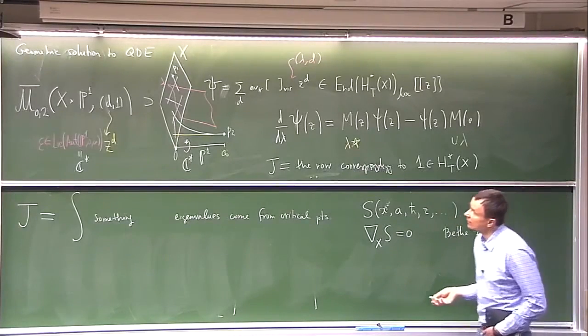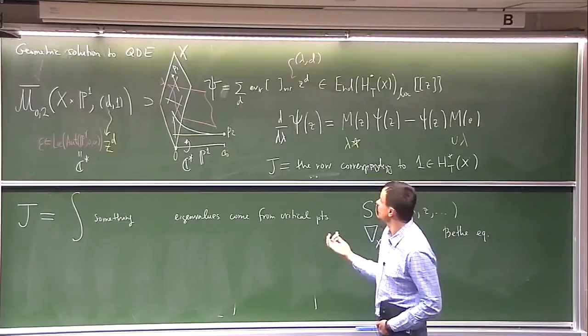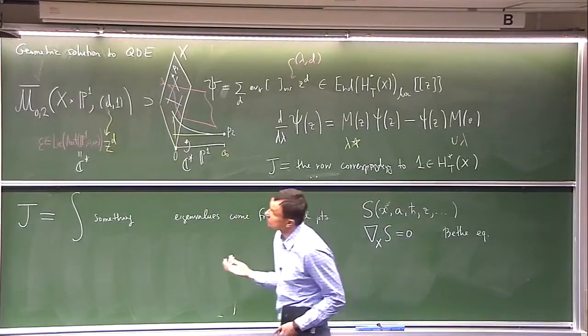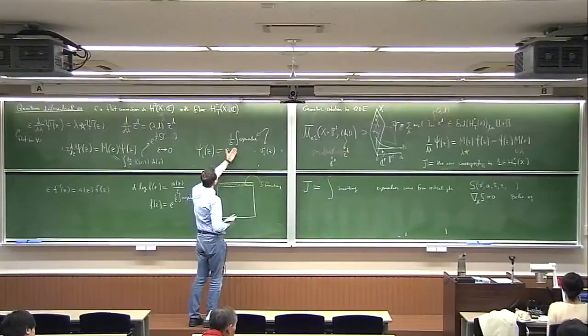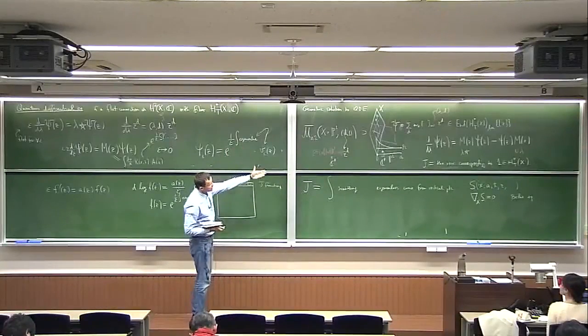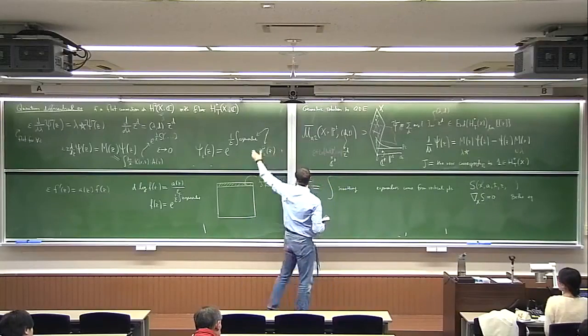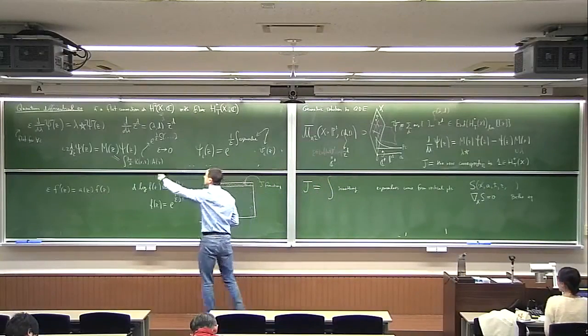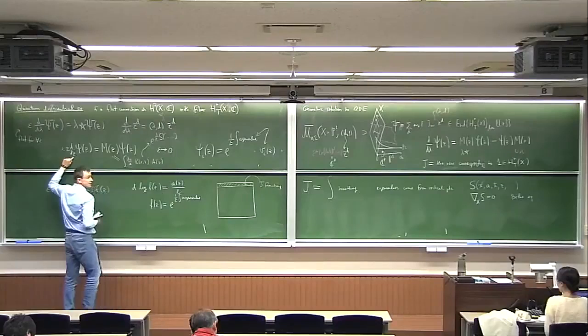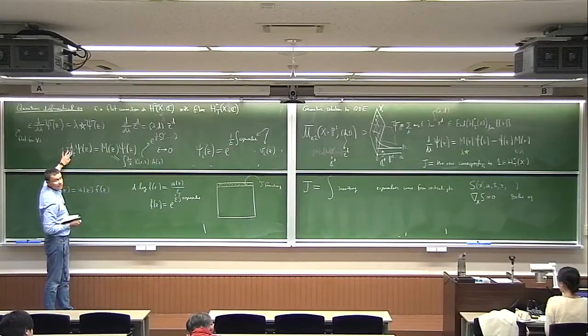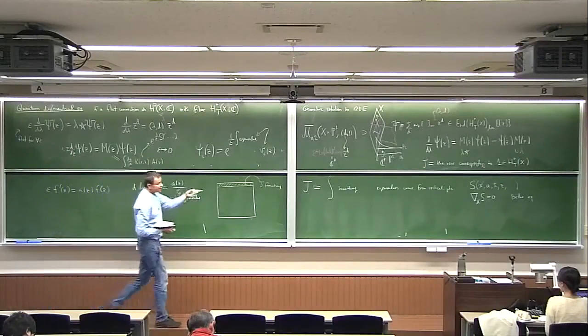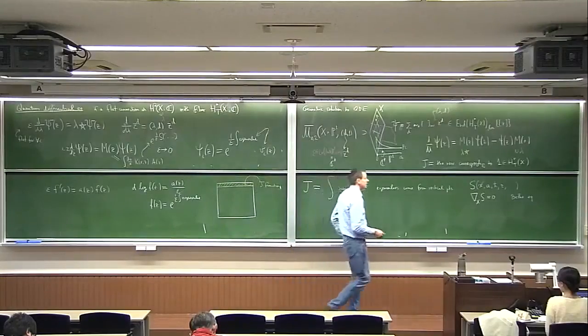And then how do you get the eigenvalues? Well, you have to take the derivatives in z, for example. So if my operator had a z d by dz, then z d by dz of that function at the critical point.